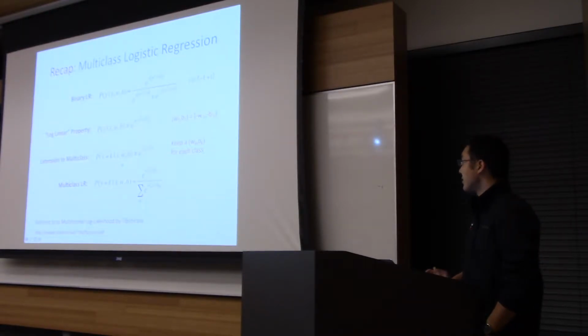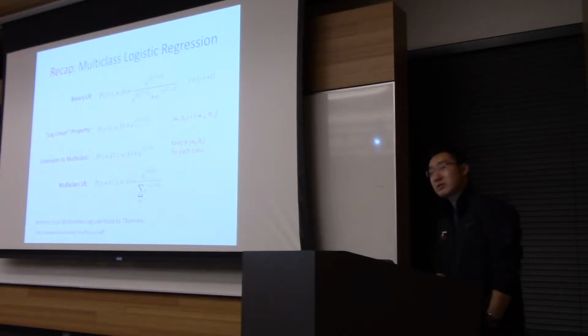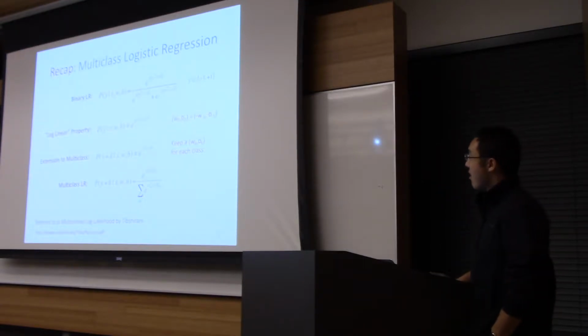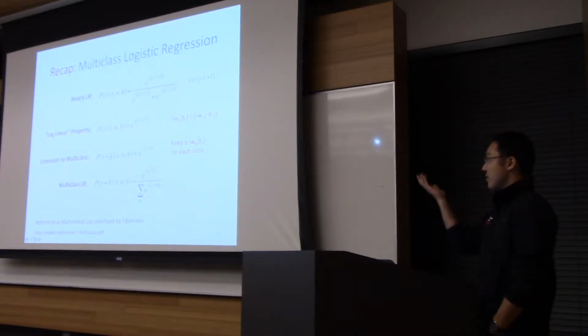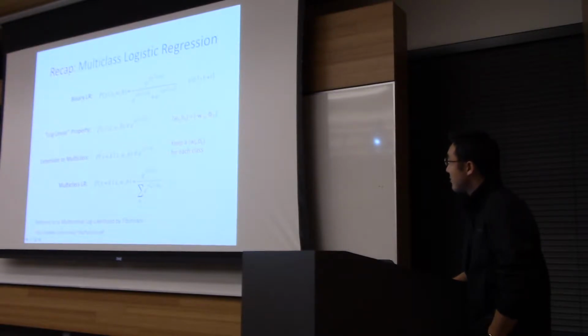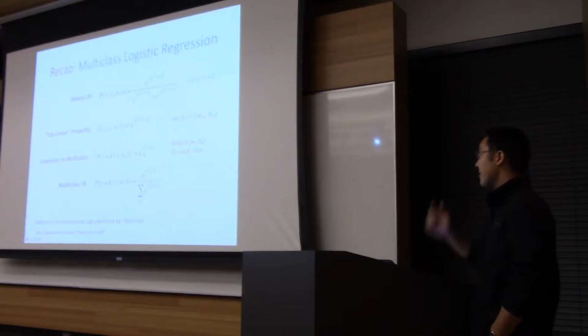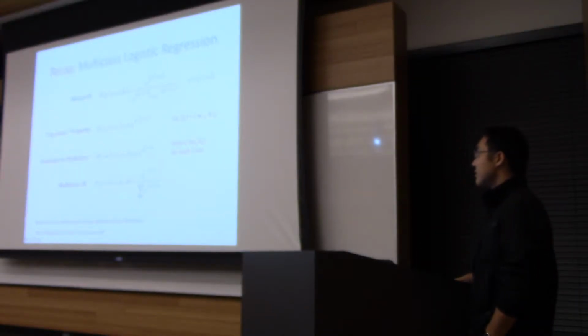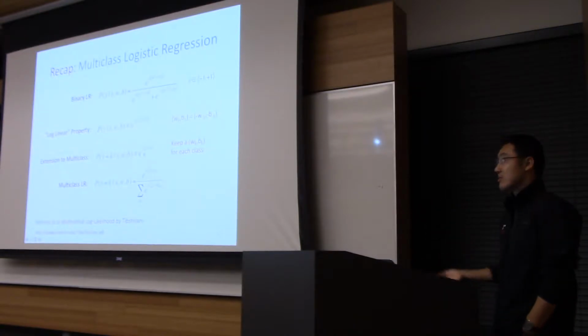And that gives you a straightforward generalization to multi-class logistic regression, where if we have k classes, where k is some number greater than 2, or it could even equal 2, then you want the probability to be proportional to this quantity where we have k copies or k versions of this w vector, and k versions of the bias term, and each version corresponds to the weight vector for a specific class.